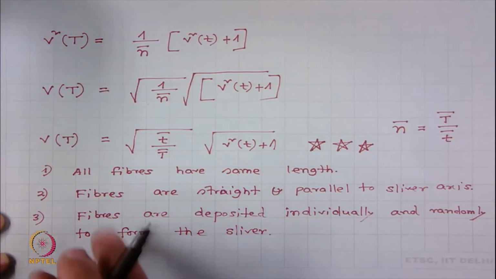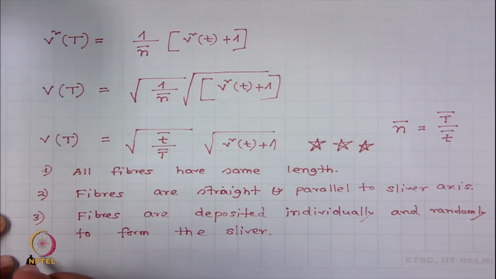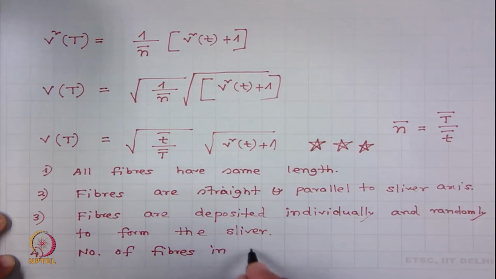You remember these 3 were the basic assumptions of Martindale's model. And the fourth assumption, number of fibers in sliver cross section follows Poisson distribution.